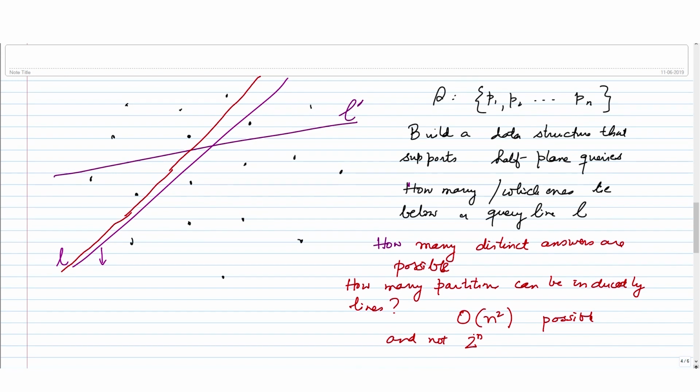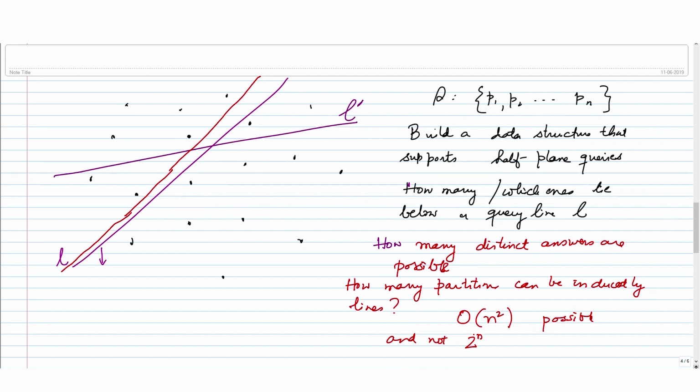So if it were just arbitrary points in sets, okay, then I could have partitioned in any way I wanted. Okay. But here the problem is that if I want to just have these 3 points in one partition, okay, and the rest of the points in another partition, then the line has to bend. So you can't keep it linear and do it. Okay. So that's the constraint because of which all those exponential partitions are not possible. Okay. But there is, I'll give you a simpler argument. This is just a hand waving intuitive argument.